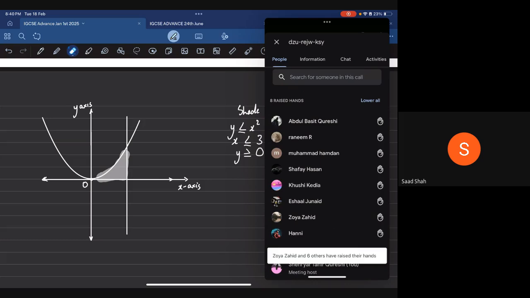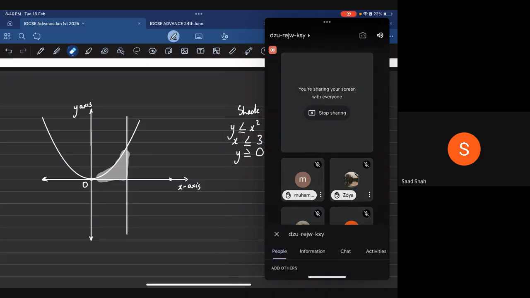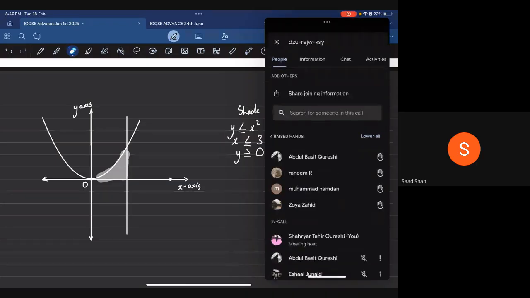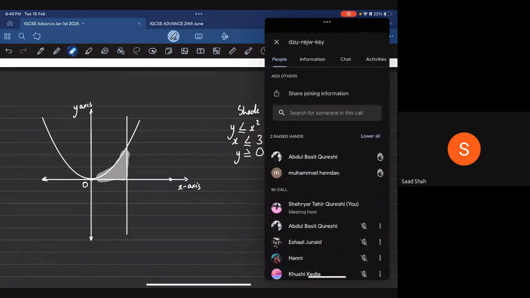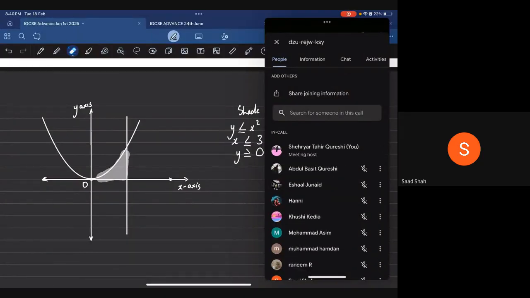All of you think it's right? Unanimously. What if I tell you he's not? Can anyone point out if he's not? Yes, you guys are raising your hand to point out he's not right. Okay. All of a sudden, all the hands are down. Yes, Hamdan. Can you tell me why? Saad is correct, but he's 50% correct.